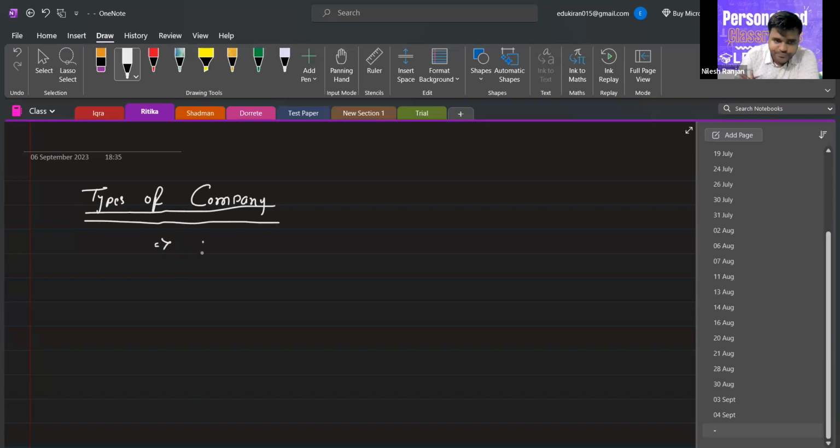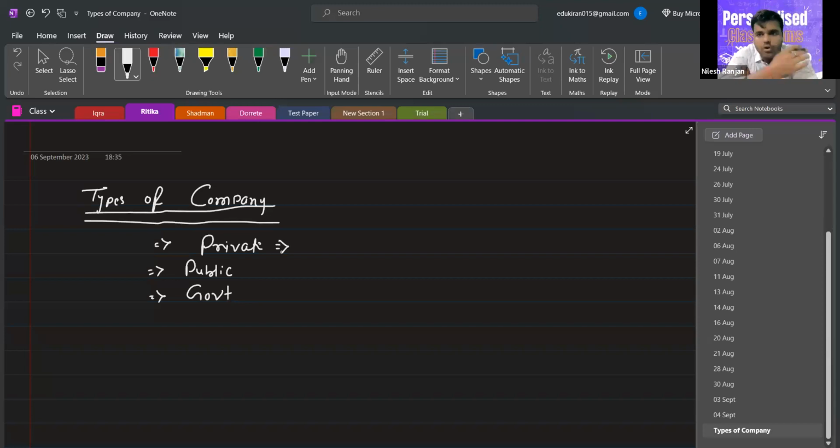There is private company, public company, and also government company. Private company means there is some restriction on transferability of shares, meaning shares cannot be easily transferred to some other person, or sold or purchased in the open market.